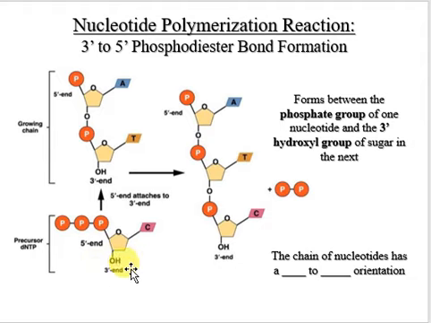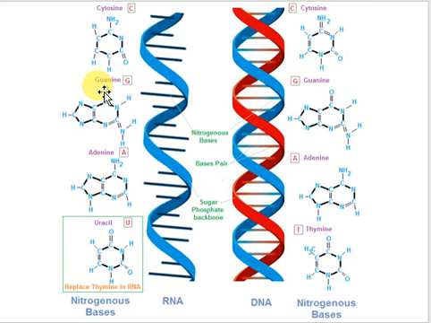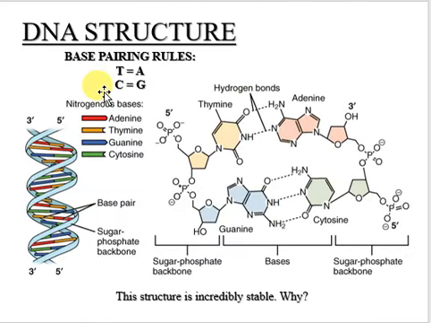That orientation is just referring to which end is freed at the end of the polymer. So at one end you'll have an exposed 3' hydroxyl group. At the other, you'll have the phosphate group on the 5' carbon. So we'll get more into this when talking about genetics.